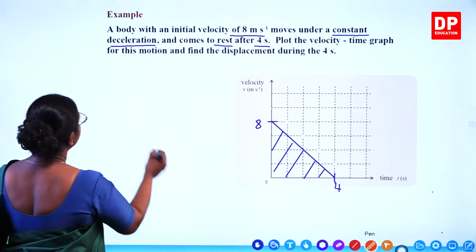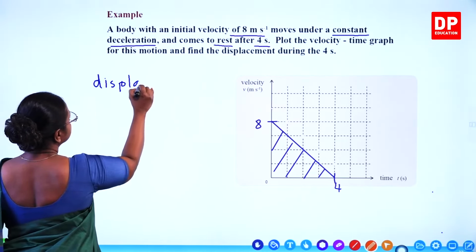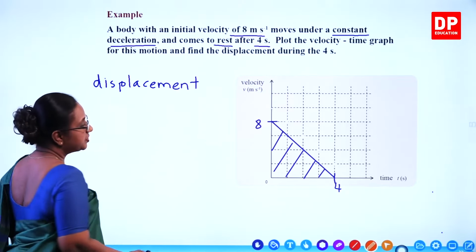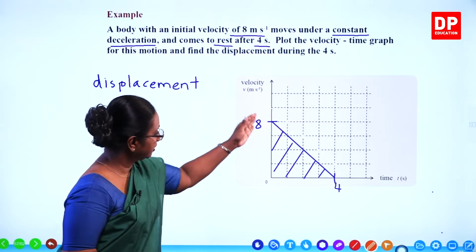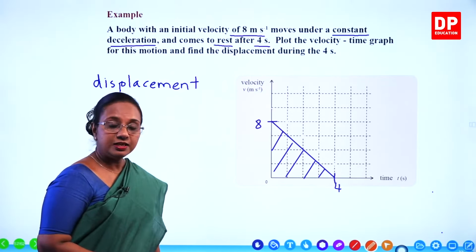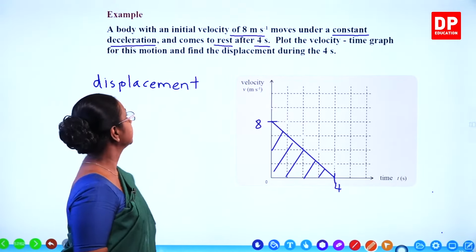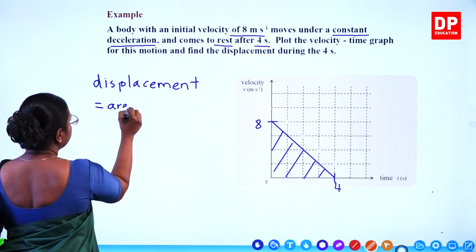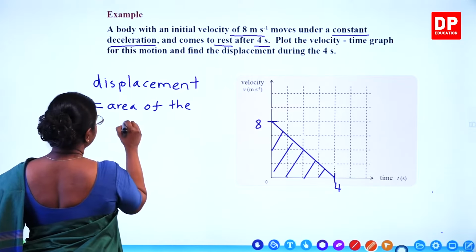So here, as you all know, the displacement of an object that is undergoing constant deceleration, where the velocity decreases uniformly with time, is equal to the area of the triangle.